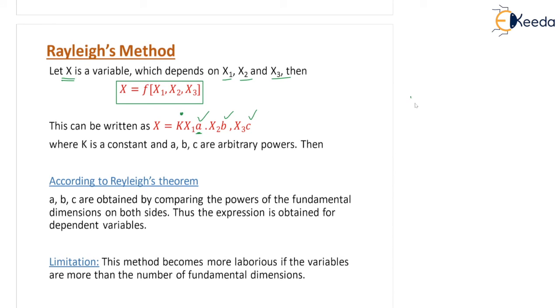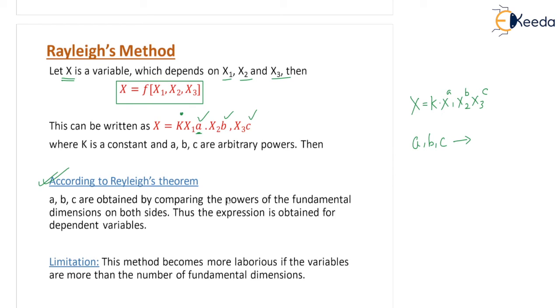So you can write x equals k into x1^a x2^b x3^c, where a, b, c are the arbitrary powers. According to Rayleigh's theorem, a, b, c are obtained by comparing the powers of fundamental dimensions on both sides. How can we calculate the values of a, b, c?